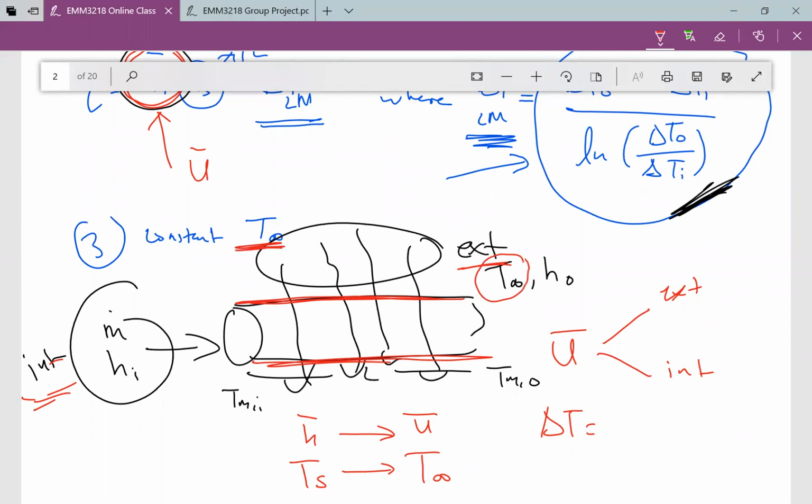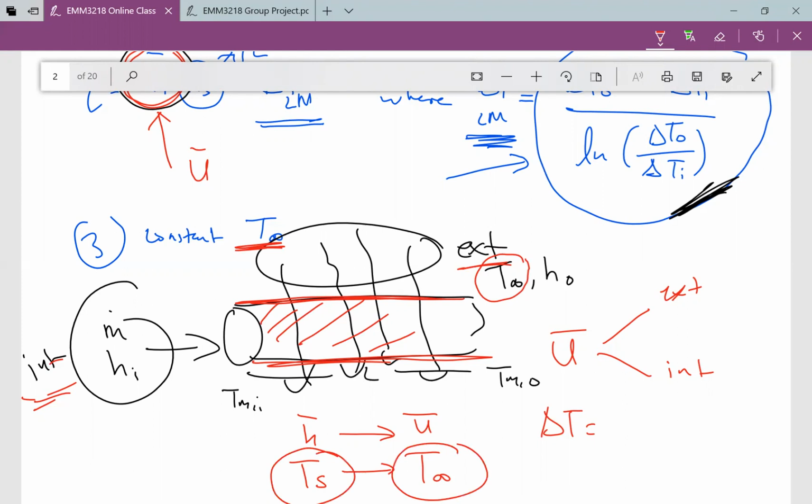So the temperature is kept constant. It's not reducing in terms of the heat. It's the constant temperature of the surrounding, which the surface of the internal flow, the pipe, will eventually try to be in equilibrium with. That's why T surface is approaching T infinity.